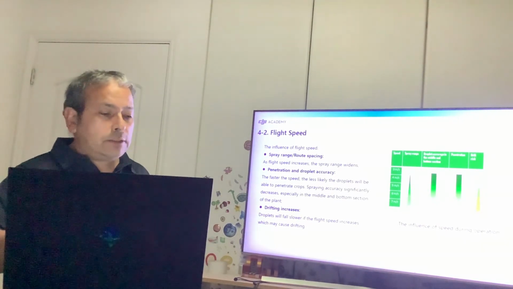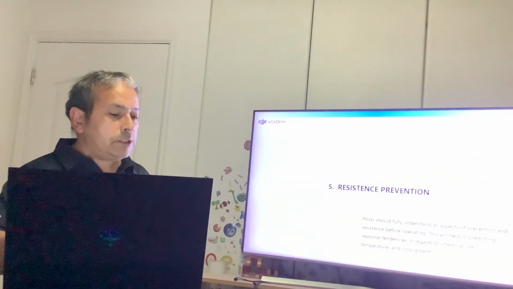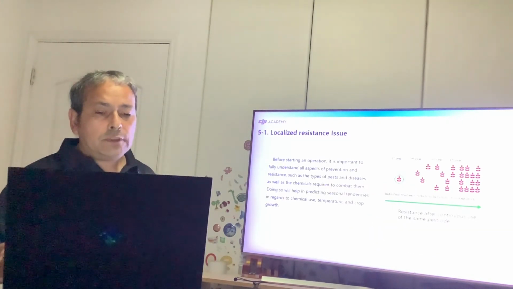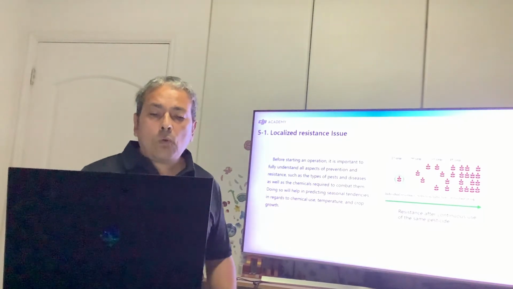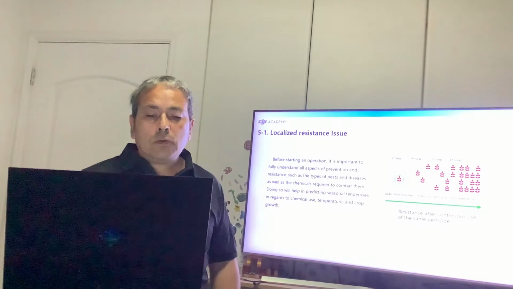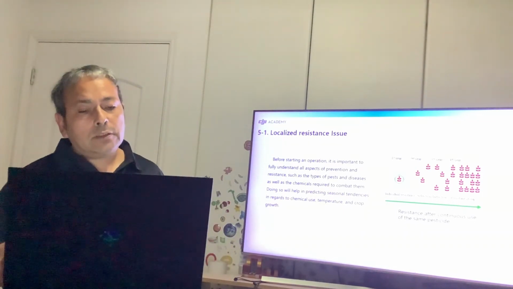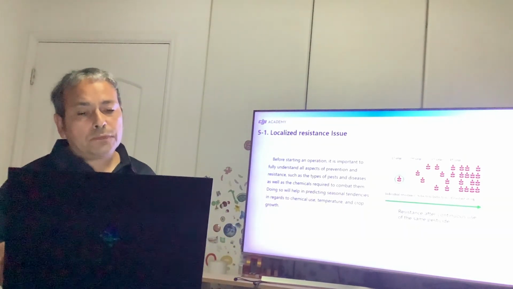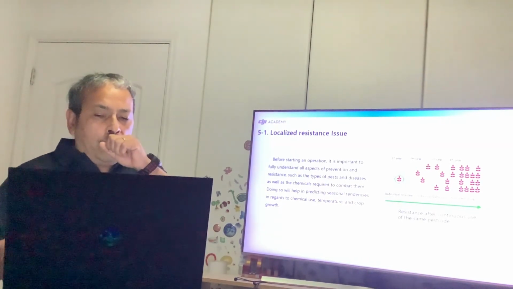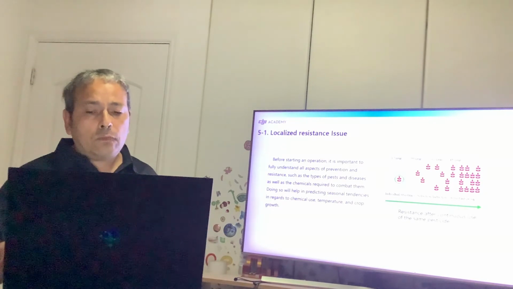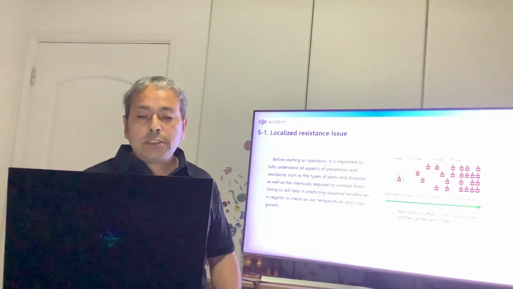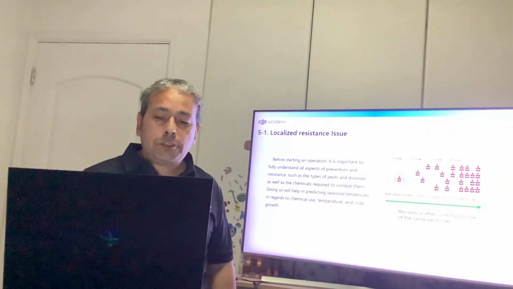And the next part is resistance prevention. Resistance prevention is about the continued use of one pesticide for a certain crop. If in 1 year we use this one, and the second, third, fourth years we use this one, for more than 3 or 4 years, the resistance of the disease to the pesticide will become a worse situation.